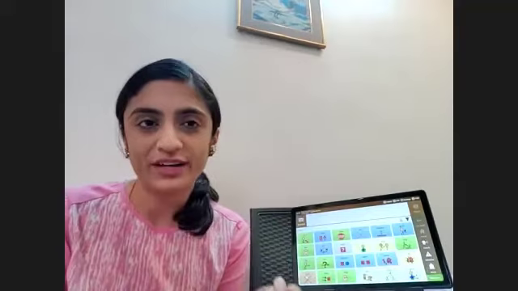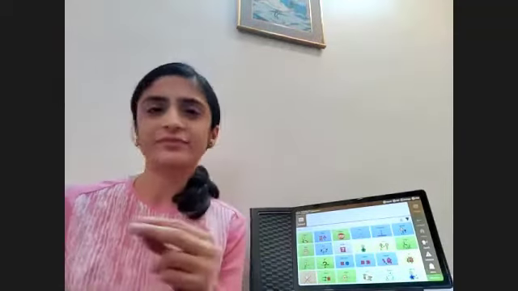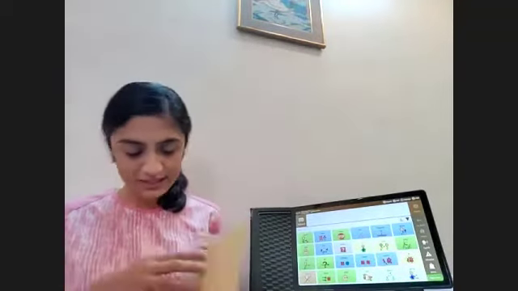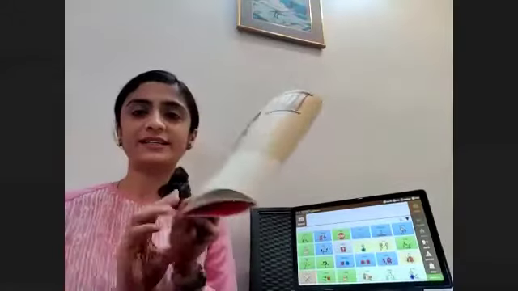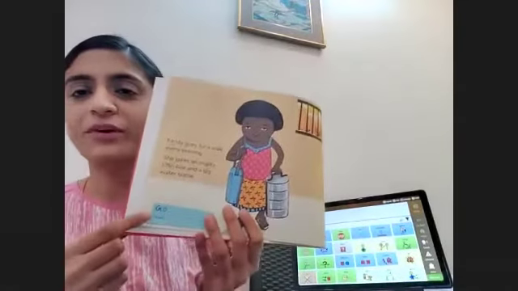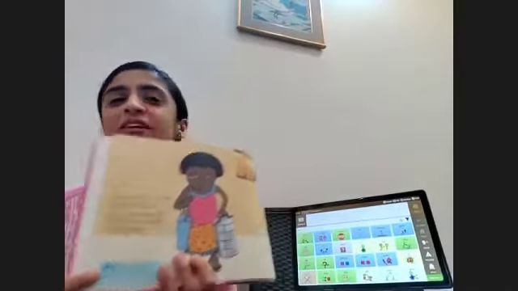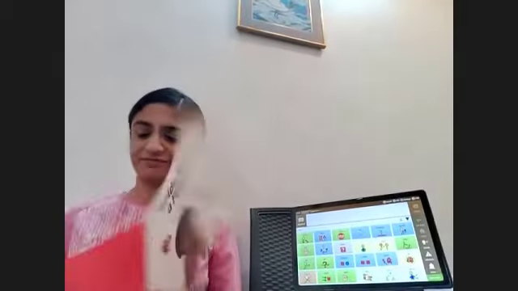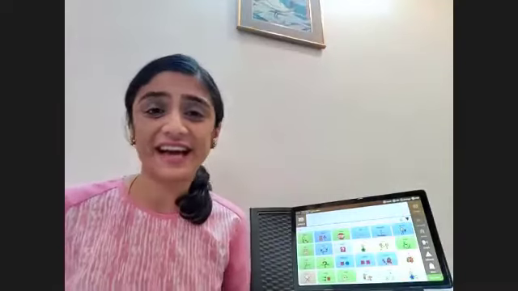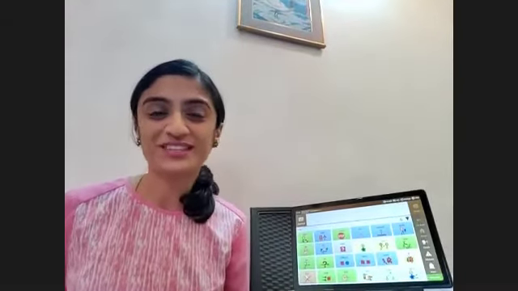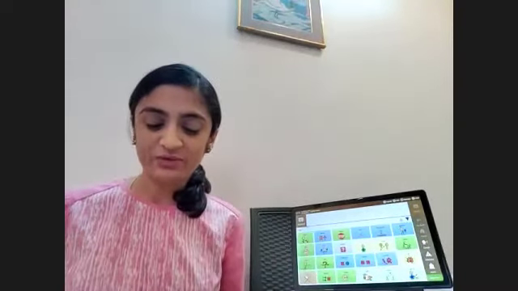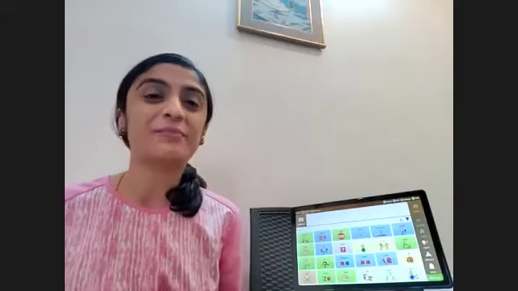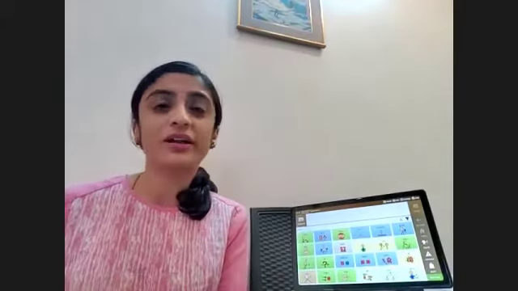Another tip that I would like to share is, I don't know if you would have noticed, but I had some sticky notes on my book to help me remember the words that I would like to model. So even therapists need help. So I put those there so that I don't forget. And I know that, oh, from this point onwards, I'm modeling the word go. And I have them all along the way.